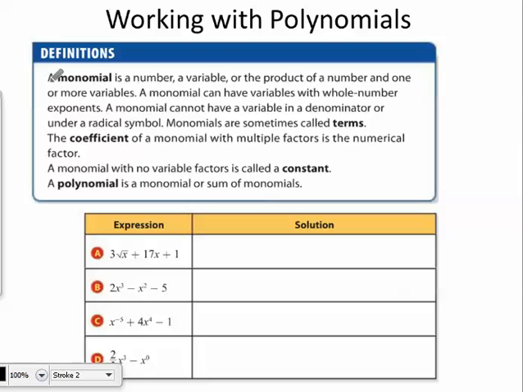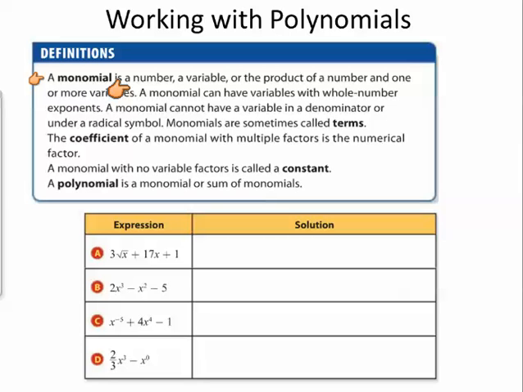What we're going to be looking at here is trying to get some definitions down. And one of the definitions I want to make certain you know is a monomial. A monomial is a number, a variable, or a product of a number and one or more variables. And it can have variables with whole number exponents. It can have any number of exponents on it, or any number of variables all multiplied together.